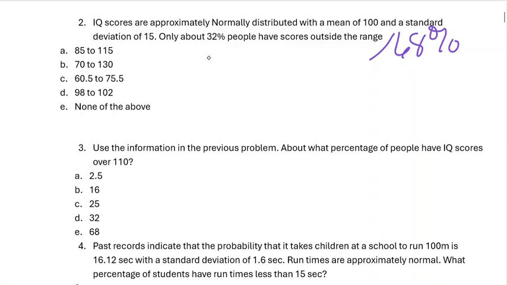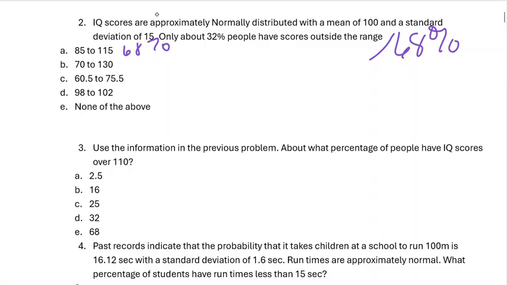If I do normal CDF, the lower bound is 85, the upper bound is 115, the mean is 100, and the standard deviation is 15. What percent do we get there? I get 68% of the data is between 85 and 115 approximately. So that means 32% is outside of it.